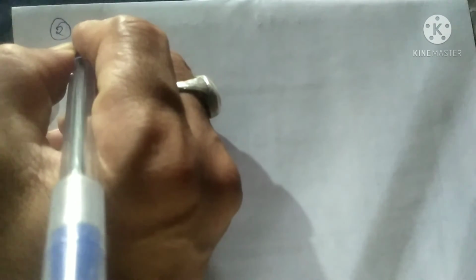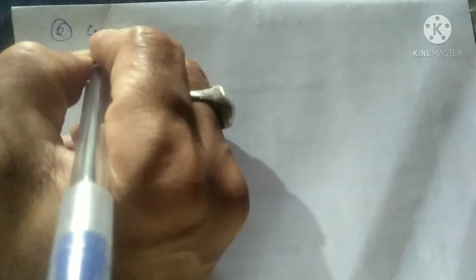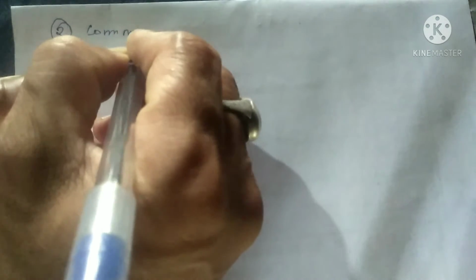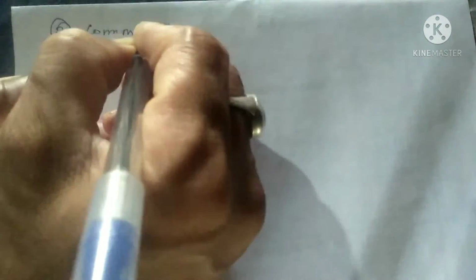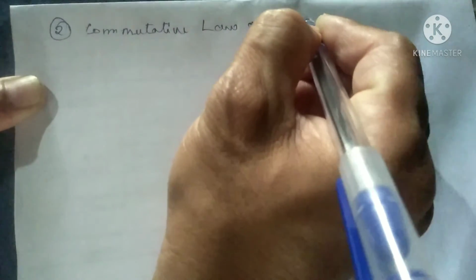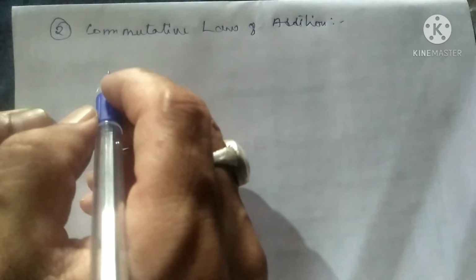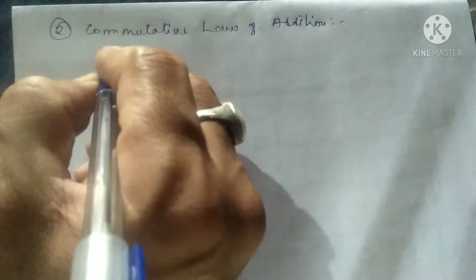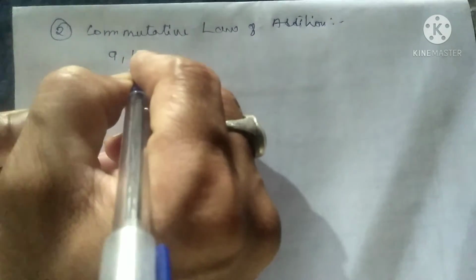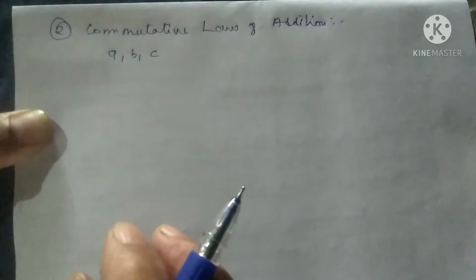Now let us consider the second law of real numbers, that is the Commutative Law of Addition. Here we again consider the same three real numbers A, B and C. What does commutative mean?